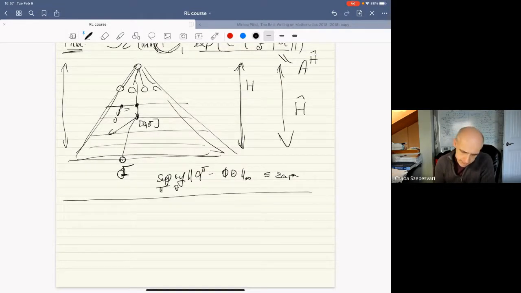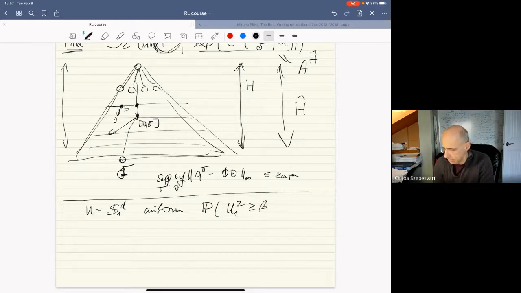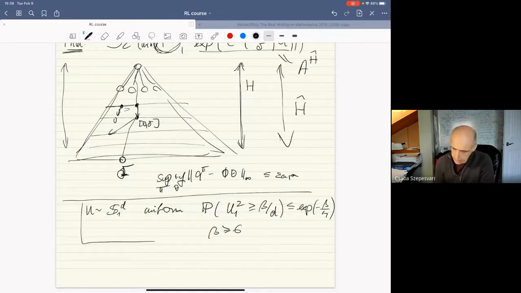That inequality says that if U is uniformly distributed on the sphere, then the probability that the first index of this vector exceeds some beta over d is smaller than the exponential function of negative beta over 4, at least if beta is, I think, bigger than or equal to 6.